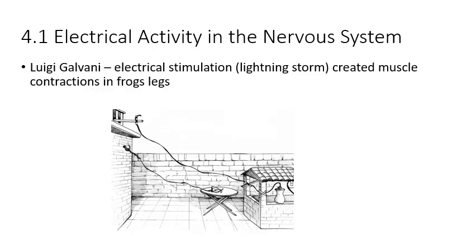A bit later, Luigi Galvani showed that electrical stimulation created muscle contraction in frogs' legs, and one of his experiments involved stringing up these frogs' legs on, I think, the ceiling of his building during a lightning storm, and letting the electricity in the air stimulate the frogs' legs to move.